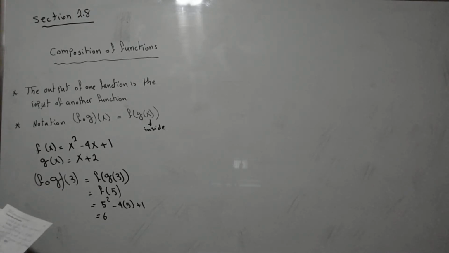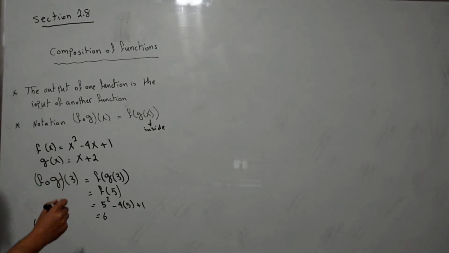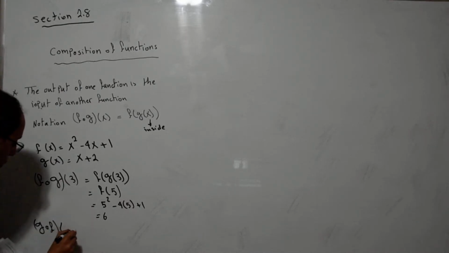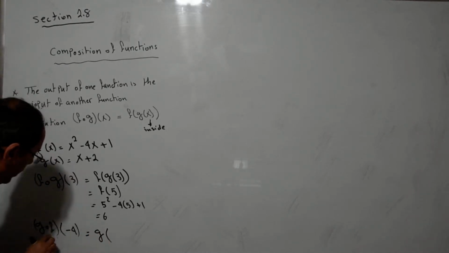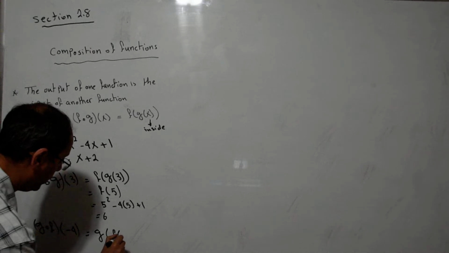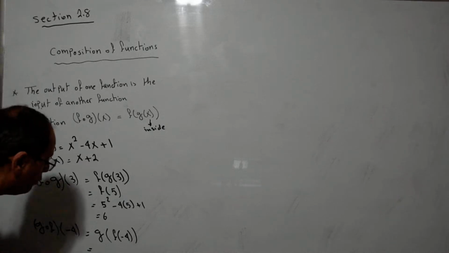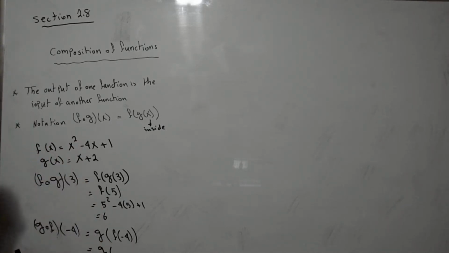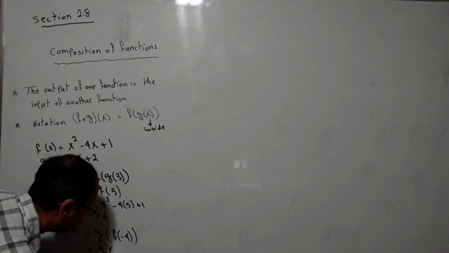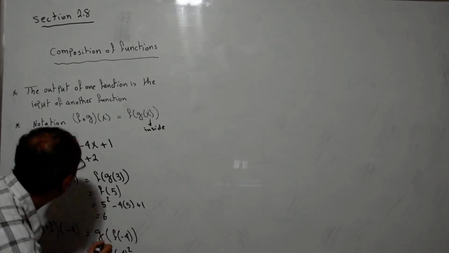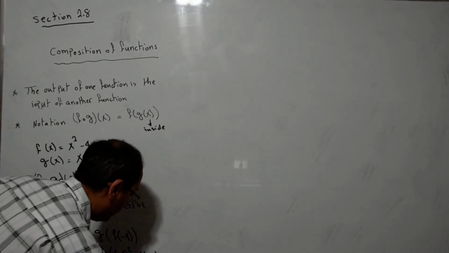Let's get another example. G of f, so I'm going to swap it, of negative 4. Now g is the outer function and f is the inside, of negative 4. What is f of negative 4? I plug negative 4 in, so I have negative 4 squared minus 4 times negative 4 plus 1.